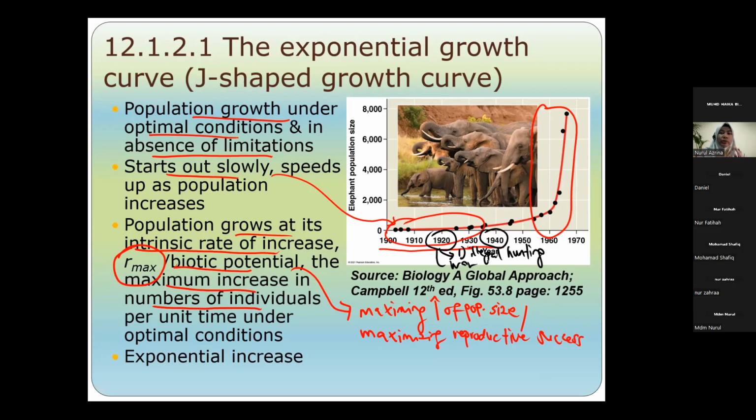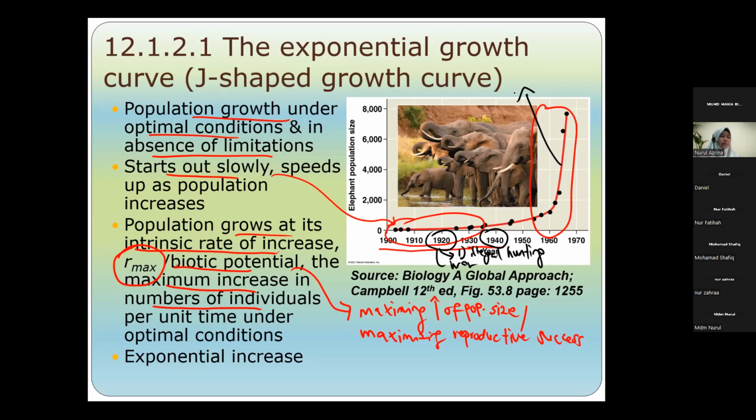So no definite rules related to illegal hunting and whatnot. But as you can see, after the 1950s onward, the population of elephants increased rapidly due to maybe law enforcement related to hunting, and then the war has stopped, right? And whatnot. So these are what can be explained with this kind of curve.